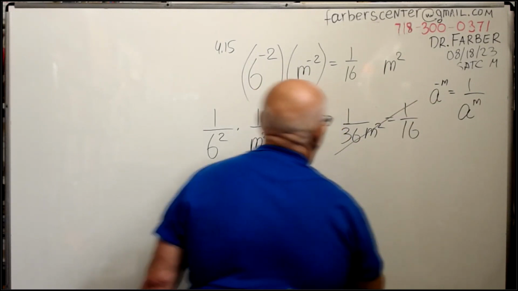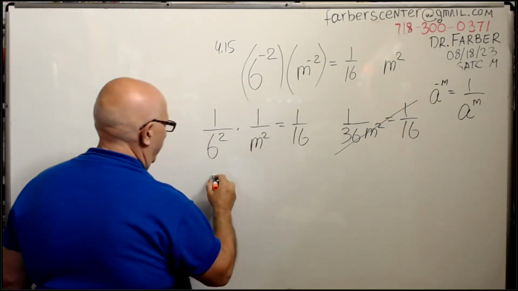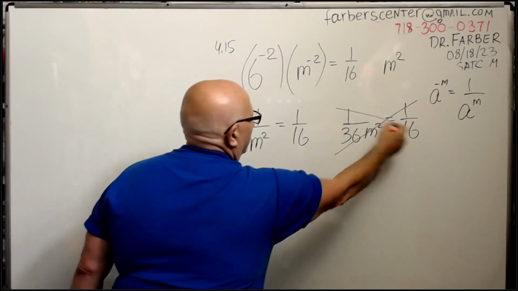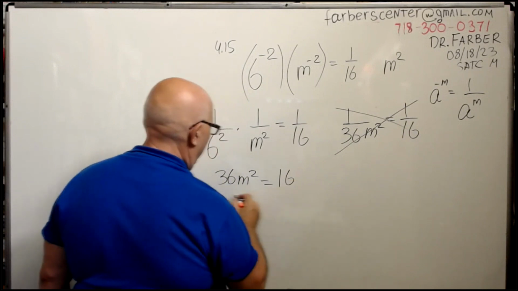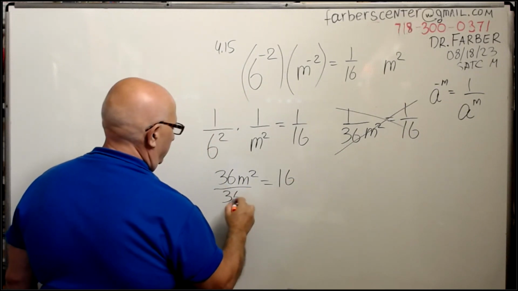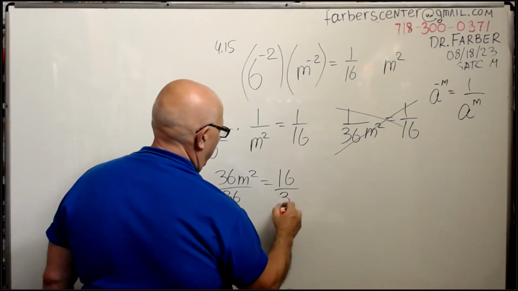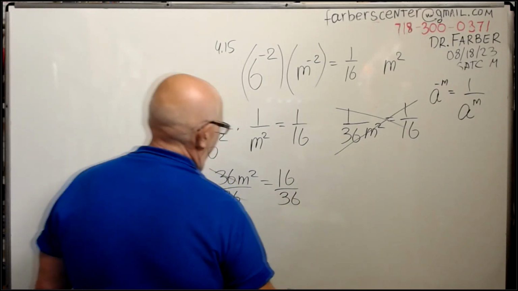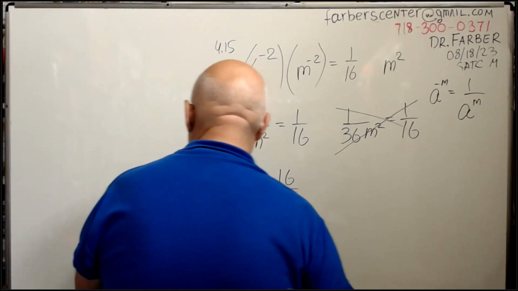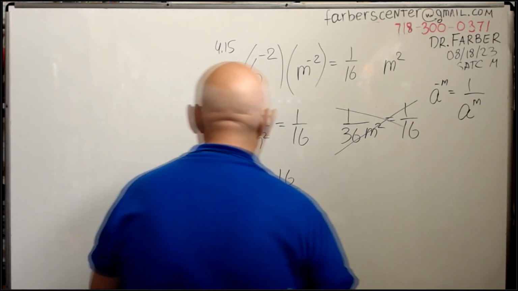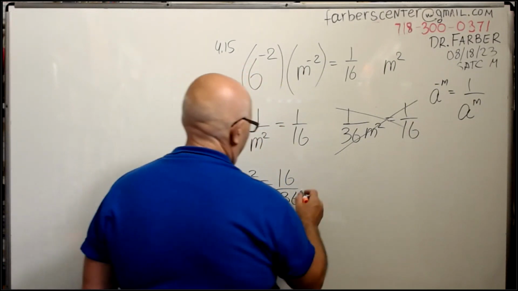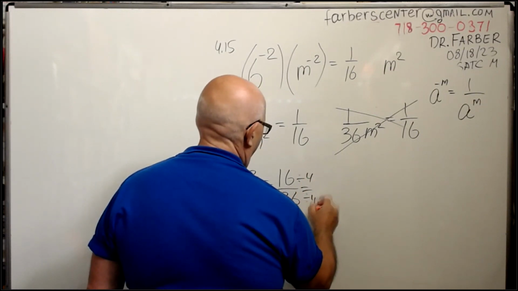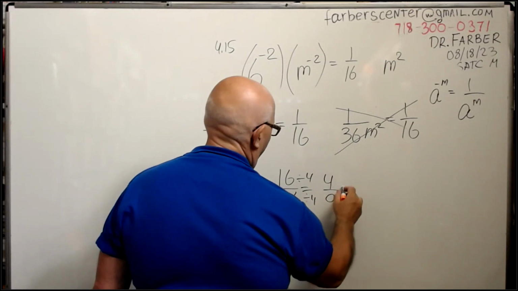Cross multiply: 36 m to the second equals 16. Divide by 36. And you can simplify. If you divide by 4, you get 4 over 9.